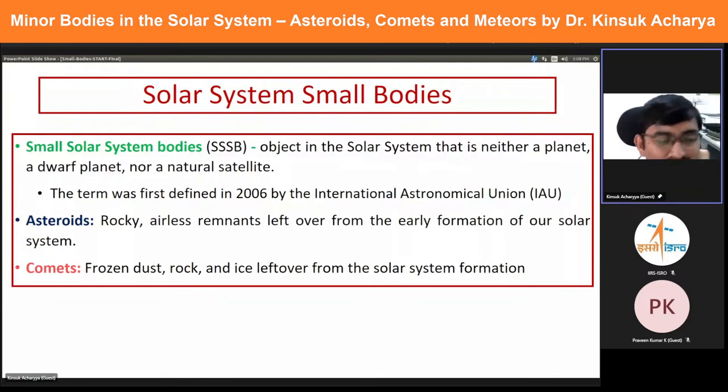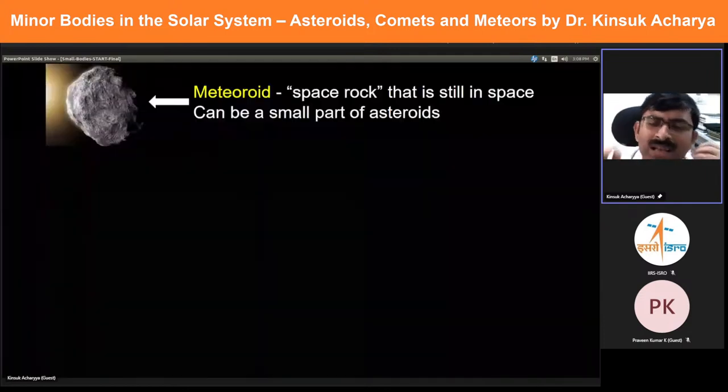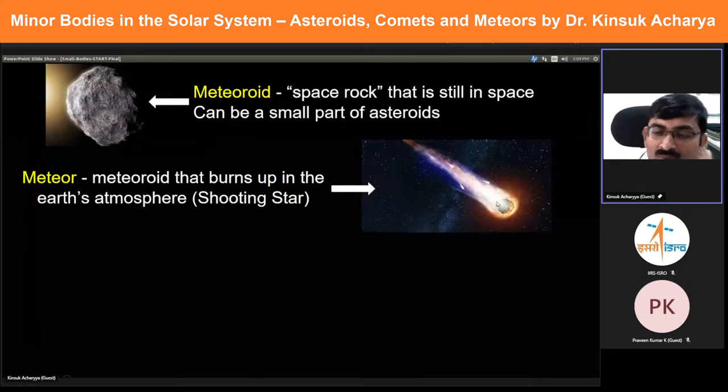As you can see, I have not shown the meteors here. So let me talk a little bit about the meteors. It depends on where you observe them. Let me start from the meteoroid. This is a very small object, a small part of an asteroid, but importantly it is in space. That means it has not entered any planetary atmosphere. When it is in space, we call it a meteoroid. When it enters the atmosphere, like the Earth's atmosphere, we call it a meteor.